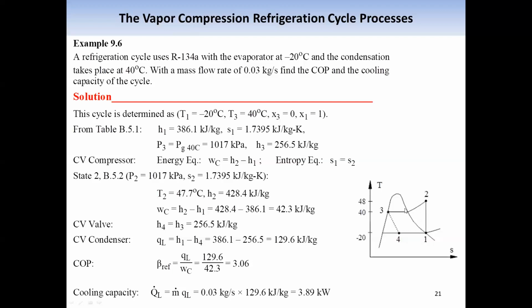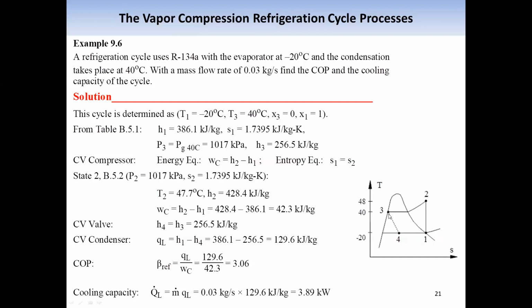So if this line is a constant pressure line, for state 2 we know the entropy and the pressure. So state 2 is fully given. State 3, we already mentioned, since the temperature is given as 40 degrees C, it's on the saturation line. So all the properties can be found from the saturation table.